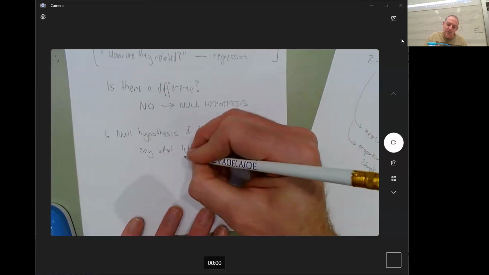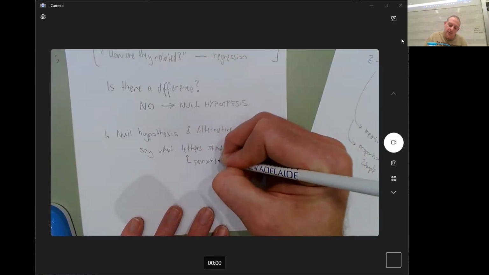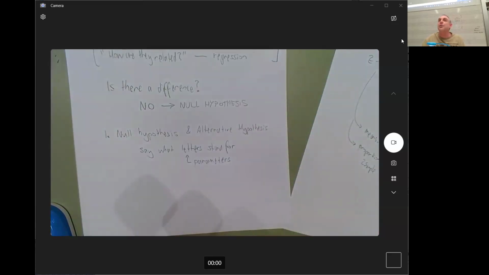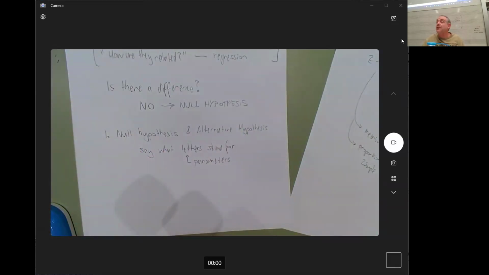And I call them letters, but your lecturer will call them parameters. Have you read or heard that phrase where you say, define the parameters that you use? Yeah, that is part of this first step of defining the null hypothesis. You have to say what the letters stand for. So for example, if you reference the letter mu, then you have to say what mu stands for today.